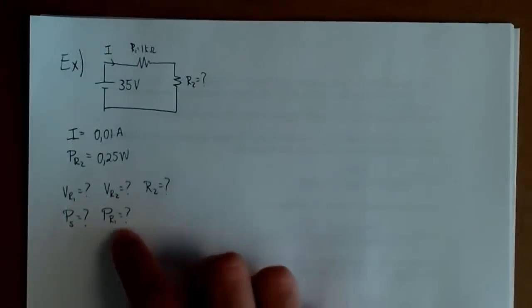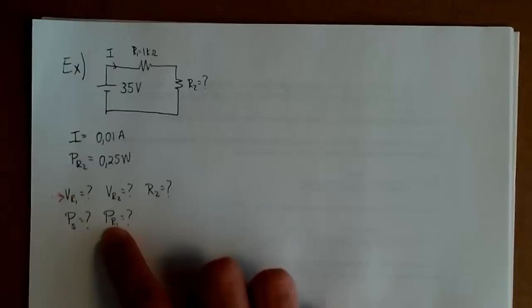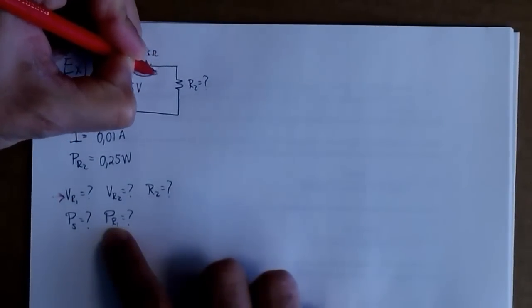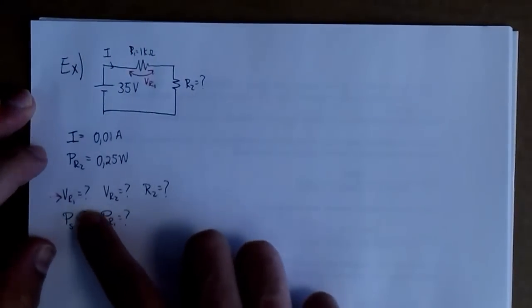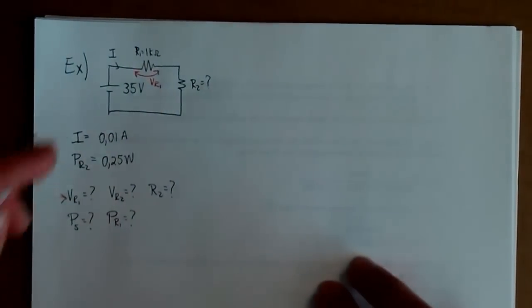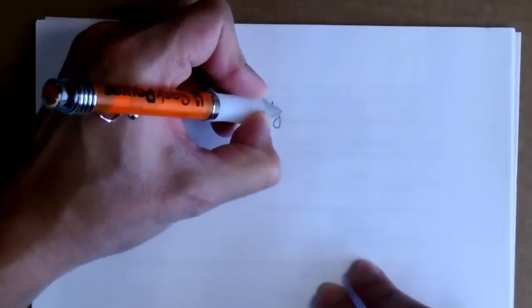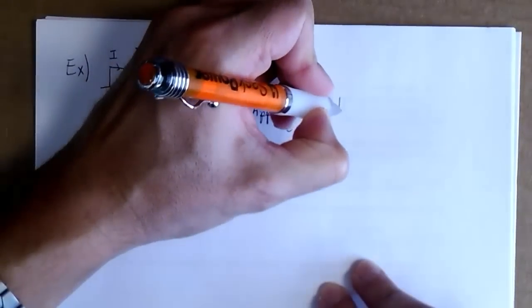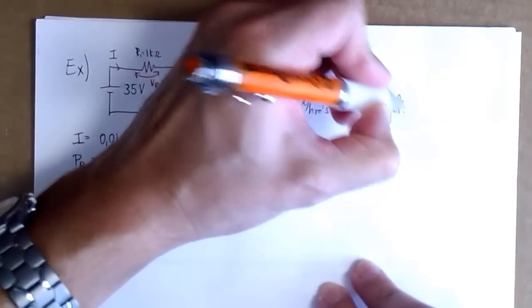So we're going to start here with the voltage. It's the easiest quantity we can find here because we know we have an R1 with a value of 1K, and we know we have a current flowing there that is 0.01 amp. So, applying Ohm's law to R1, we can get VR1, that is the voltage across the terminals of R1.